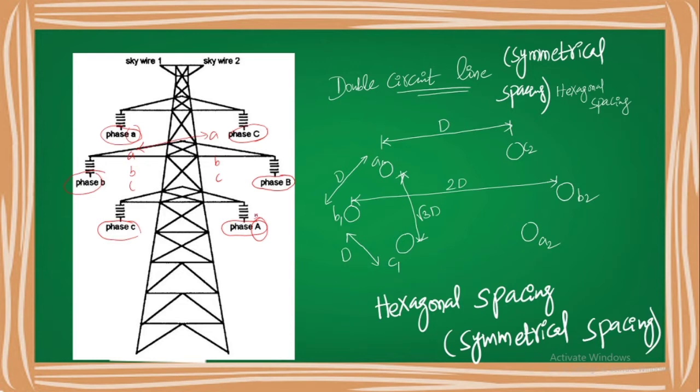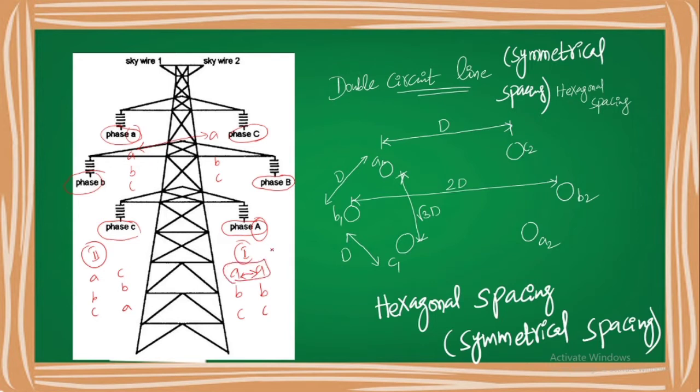The geometric mean radius of phase A will be more when you have this type of arrangement, right? So you can place the conductors like this, AA, BB, CC, and you can also place the conductors like this, ABC, and here ABC. This is the first way of connecting, and this is the second way of connecting the double circuit line. Here, the distance between A and A is lesser.